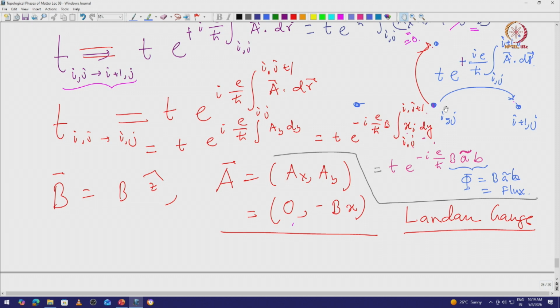In fact, from here maybe I can go back to the x y, saying that the phase actually depends on x.